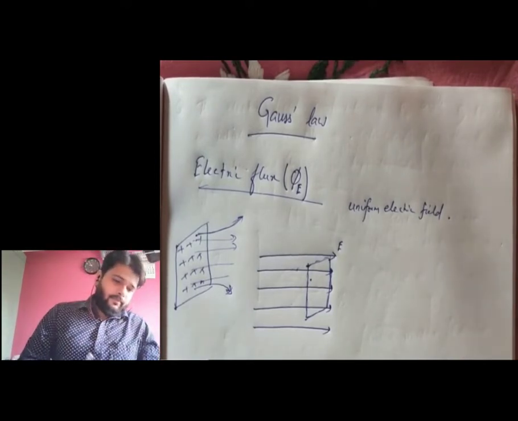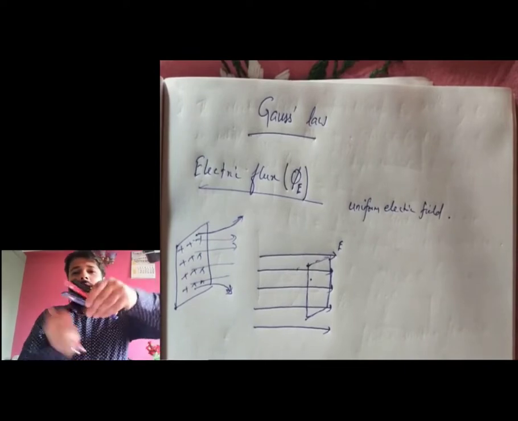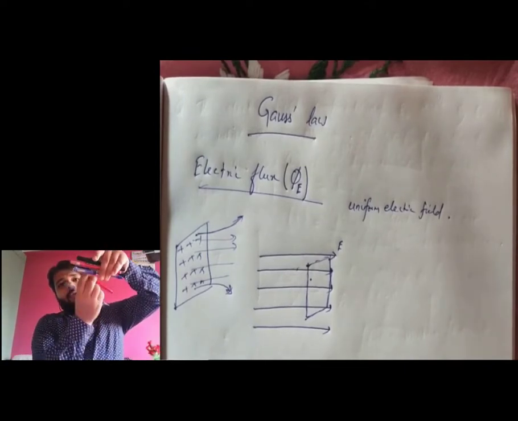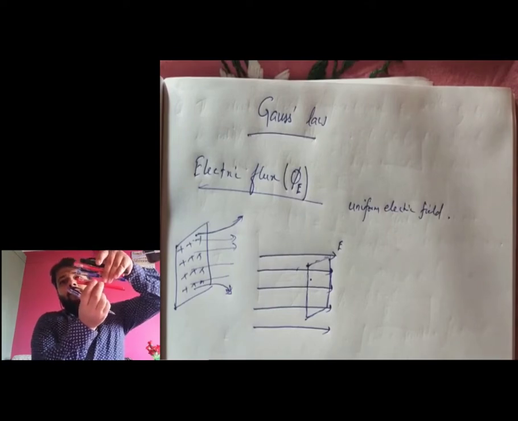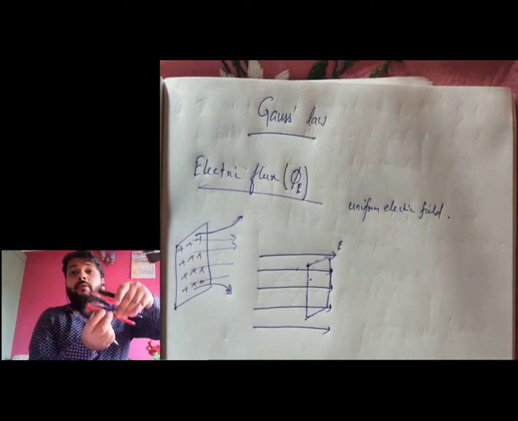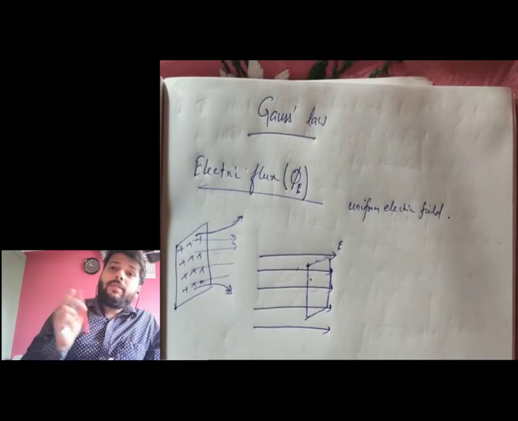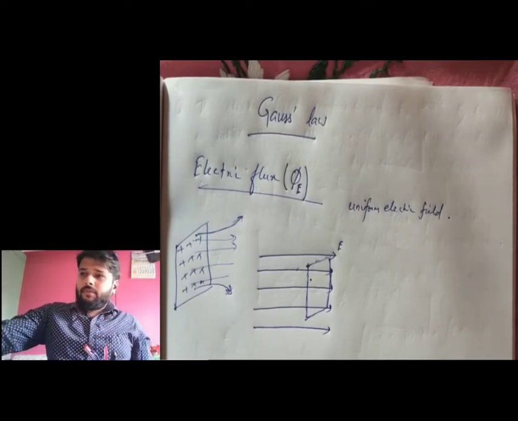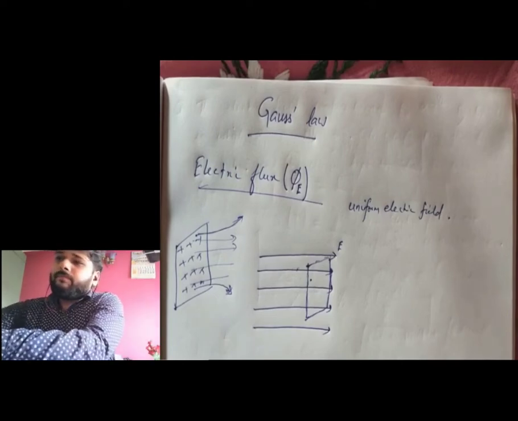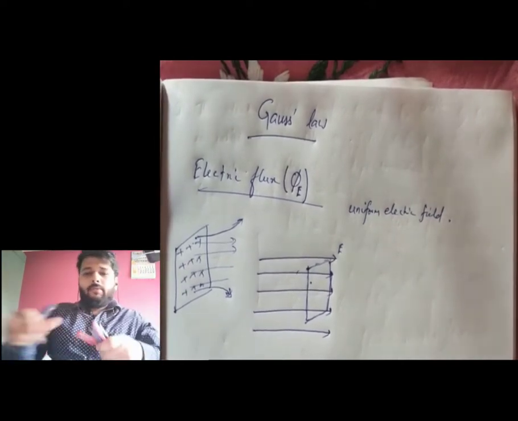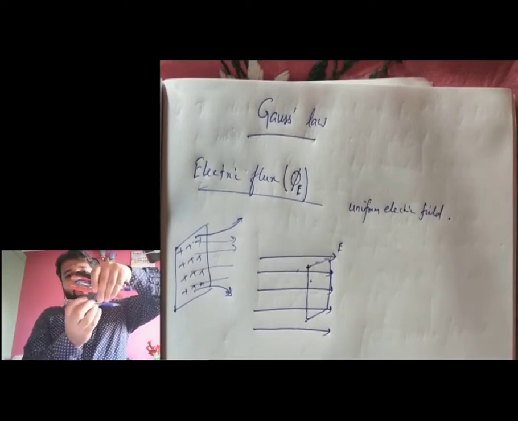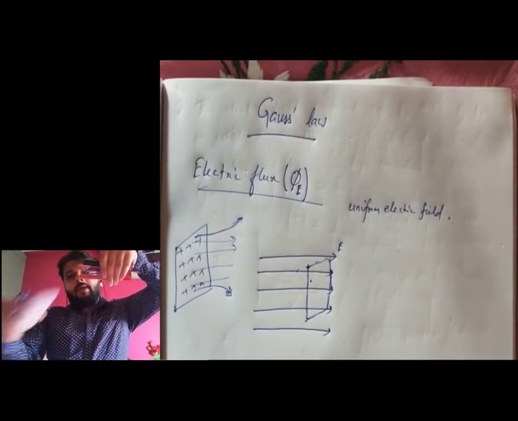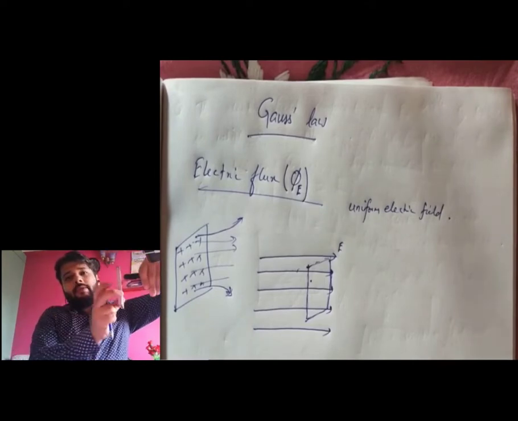suppose these are electric field lines, and the electric fields are parallel to each other. To calculate electric flux, we must always have a plane surface. For instance, suppose this is the electric field, and here I have kept a plane surface.